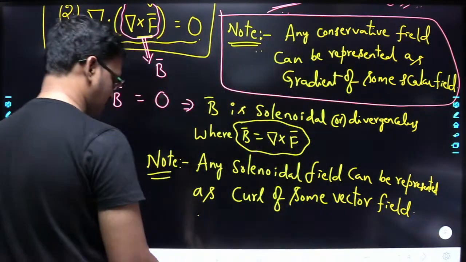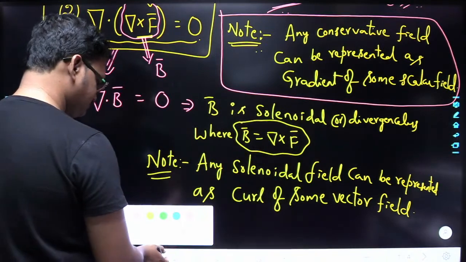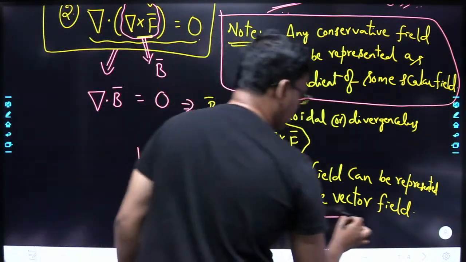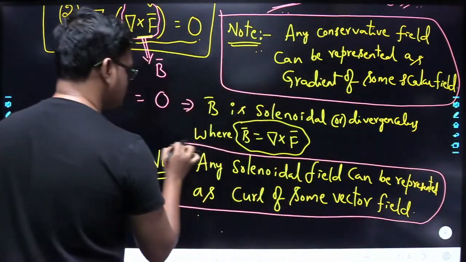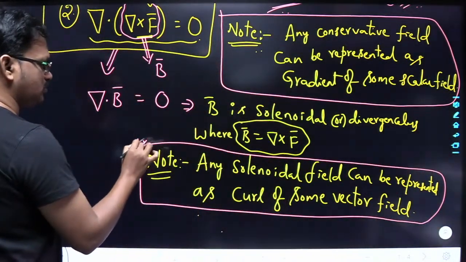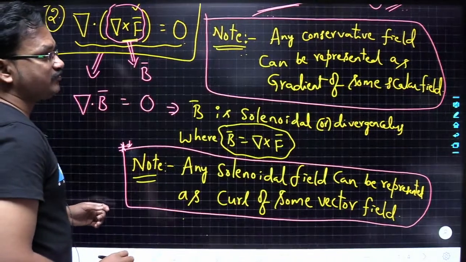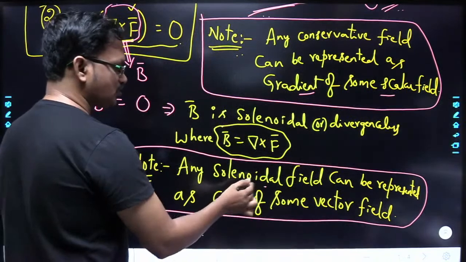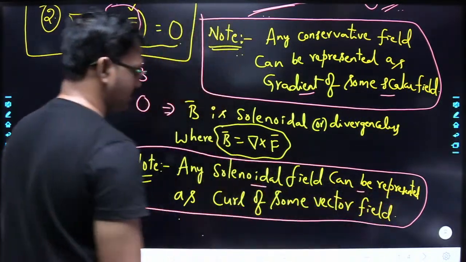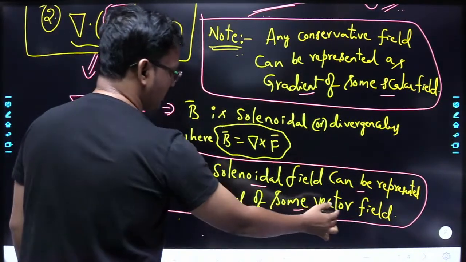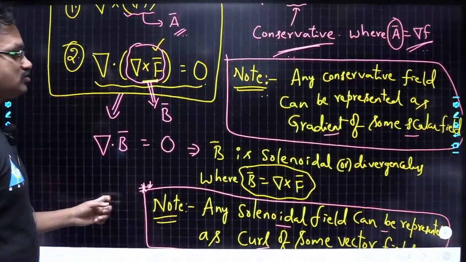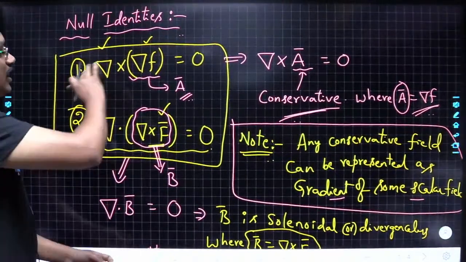These notes are very important. Any conservative field can be represented as gradient of some scalar field, and any solenoidal field can be represented as curl of some vector field. These are the conclusions we have drawn from the null identities.